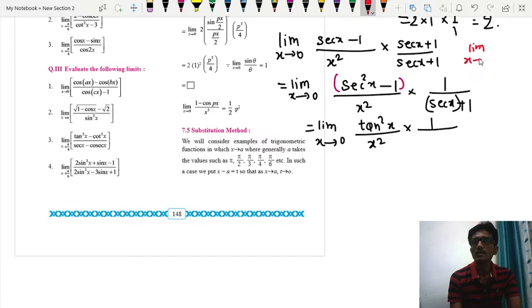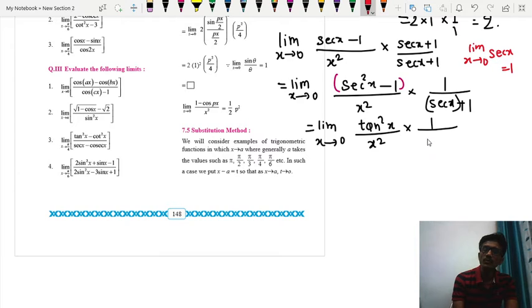Limit x tends to 0 sec of x is equal to what? 1, because limit x tends to 0 cos x is 1, so sec x is the reciprocal of it. We are taking the limit over here, 1 plus 1 it is.